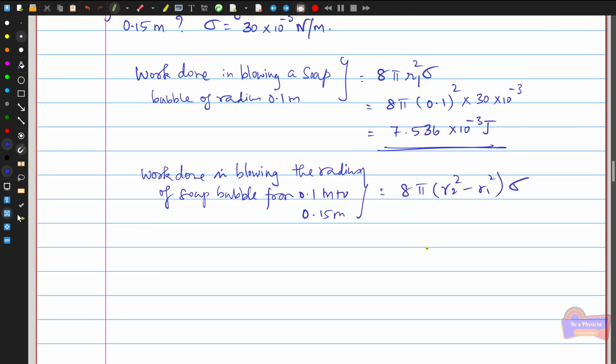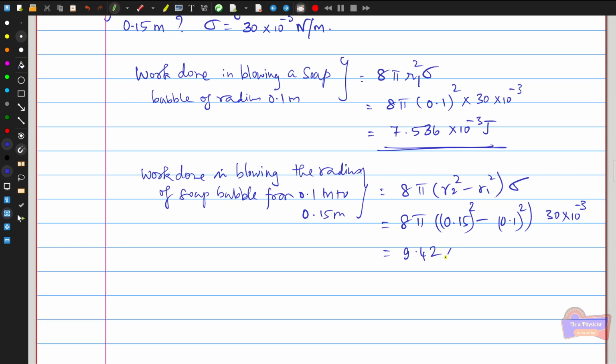Here r2 is 0.15 and r1 is 0.1. So 8 into pi into 0.15 the whole squared minus 0.1 the whole squared into 30 into 10 power minus 3 Newton per meter. The final answer is 9.42 into 10 power minus 3 joules. So this is the work done in blowing the radius of the soap bubble from 0.1 to 0.15 meters.